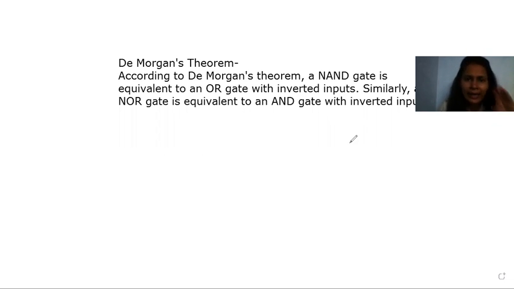Similarly, a NOR gate is equivalent to an AND gate with inverted inputs.